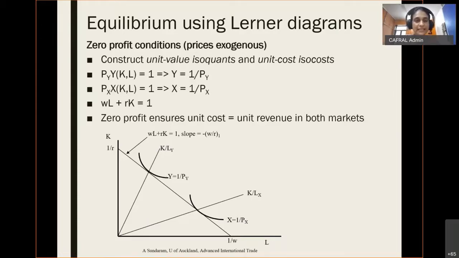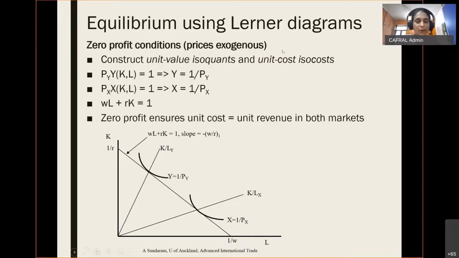The second thing is everything here is going to be expressed in terms of $1 worth of output or cost. Right? So that is why we call this a unit value isoquant. And we're also going to get a unit cost line. So everything is unit because everything equals $1.